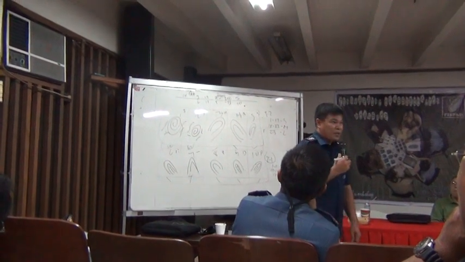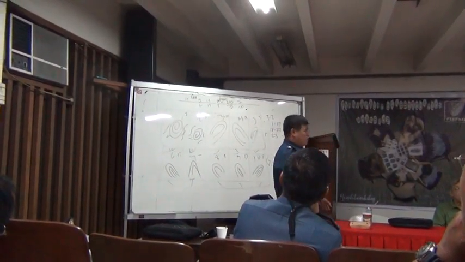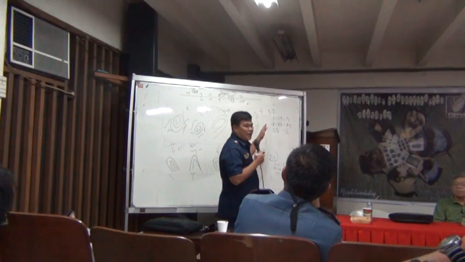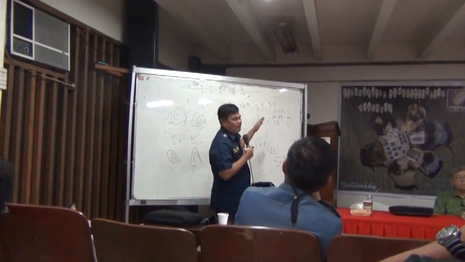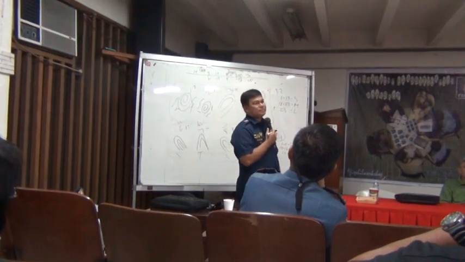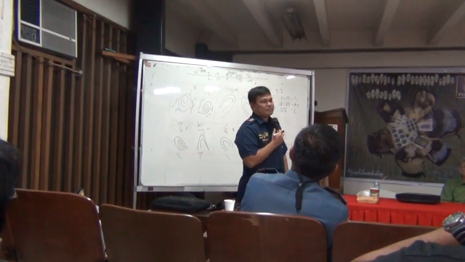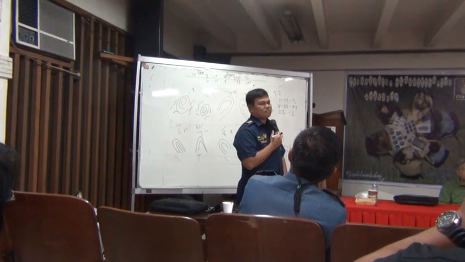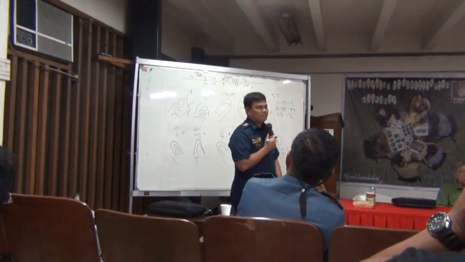Example lang po yan, sir. Yung question ko po, kung pareho pong loop patterns sa finger number 5 at saka sa finger number 10, which one are we going to take into consideration as our final classification?